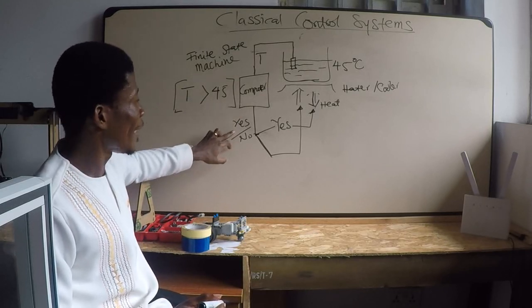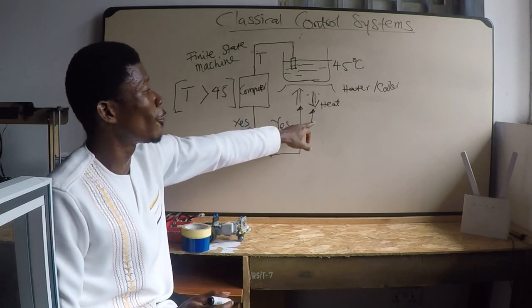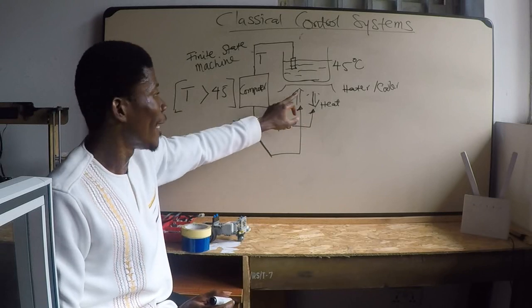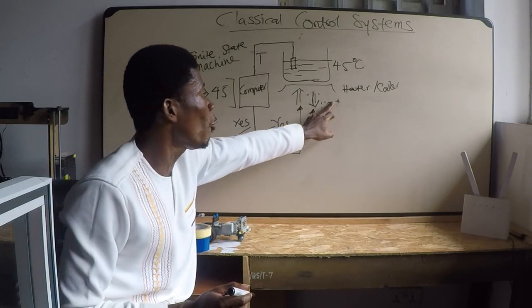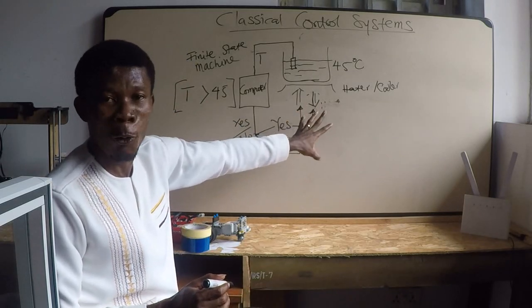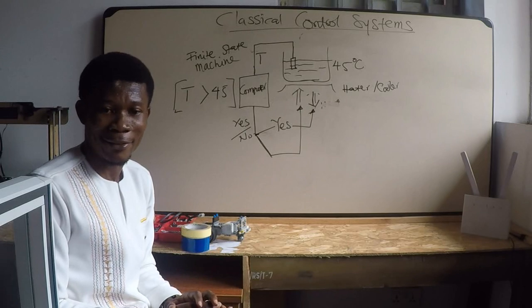The result, which is a yes or no, is used to decide on one of the two states, the heating state or the cooling state. So it is either we are heating the chocolate or we are cooling the chocolate. So this is the principle of a finite state machine.